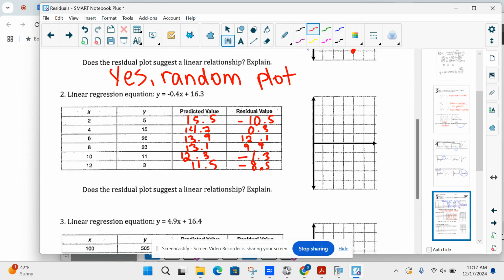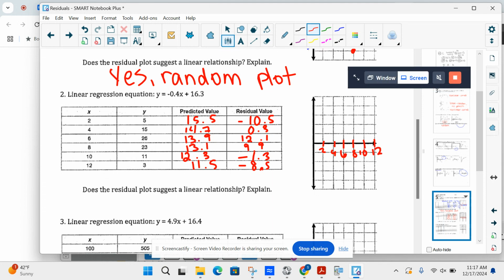All right. So we're going to set up our x-axis going in 2s. 2, 4, 6, 8, 10, and 12. And then what do you think we should set our y-axis at? Any ideas? 3.